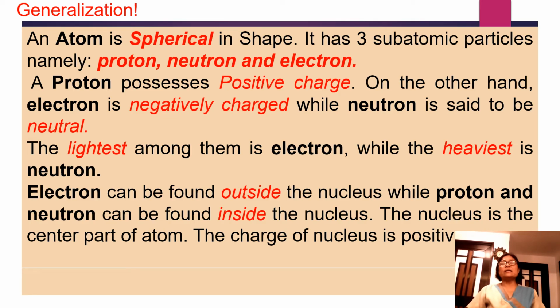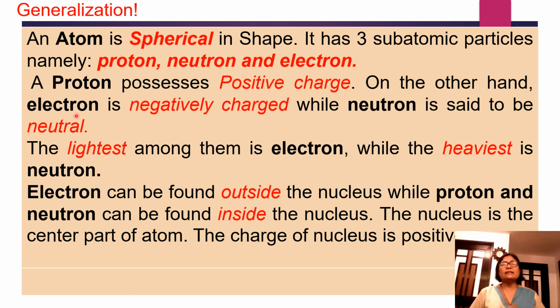And for generalization, an atom is spherical in shape. It has 3 subatomic particles, namely proton, neutron, and electron. A proton possesses a positive charge. On the other hand, electron is negatively charged, while neutron is said to be neutral.